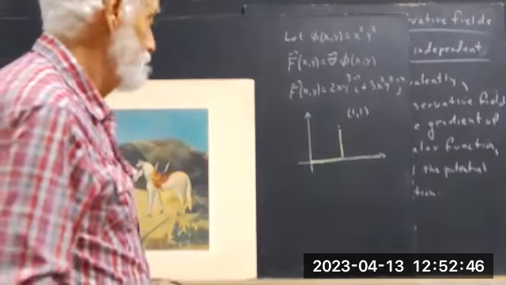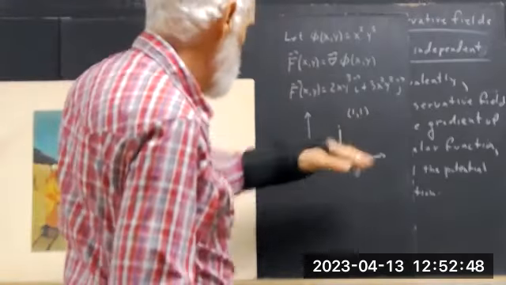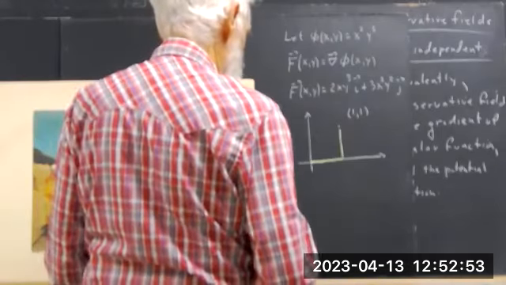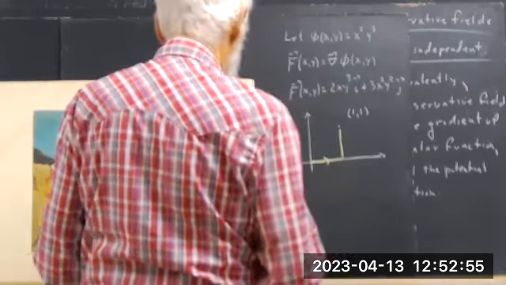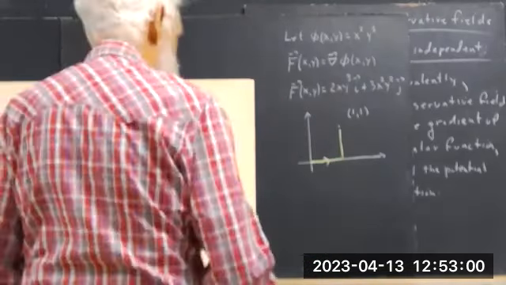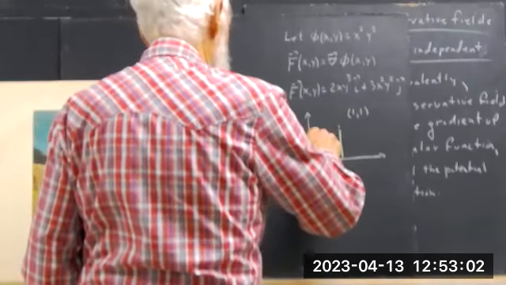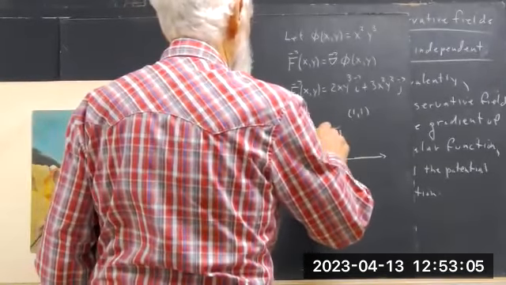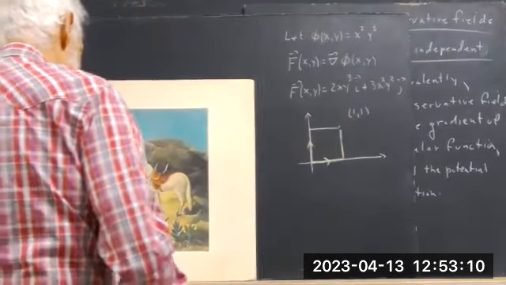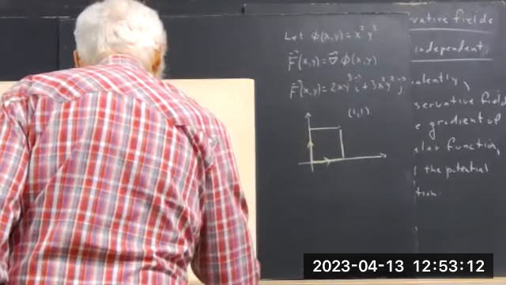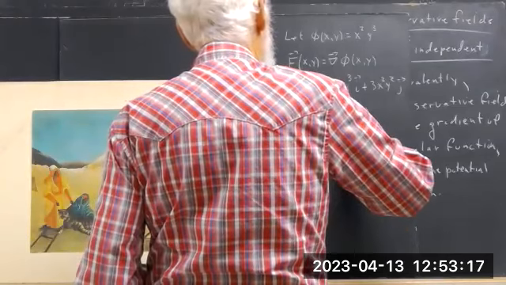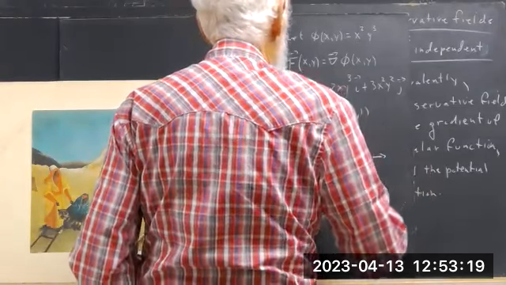Here it's obvious, this would be vertical and horizontal. Second path, right here. And the third path, the straight line.